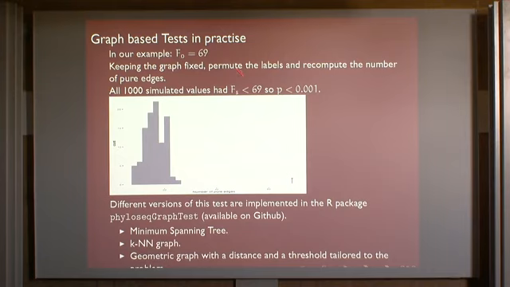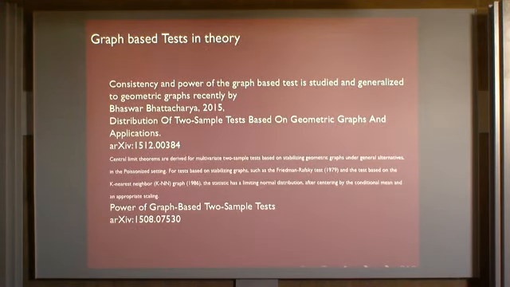But in this case, we did the test, and of course it comes out significant. The different versions of the test are implemented in a package that Julia Fukuyama wrote. It's available on GitHub. We have the minimum spanning tree test, the k-nearest neighbor graph, and the geometric graph with a threshold. All of those are implemented.